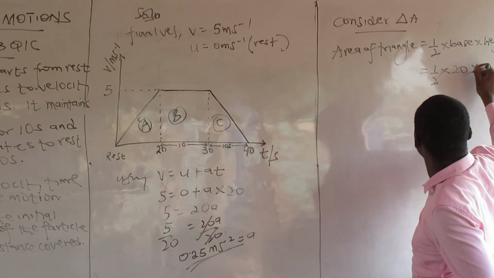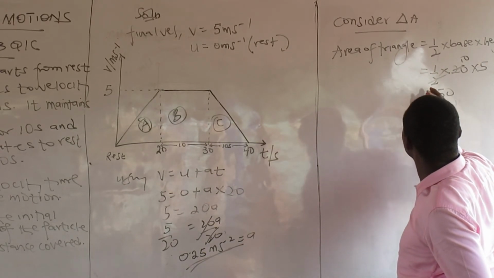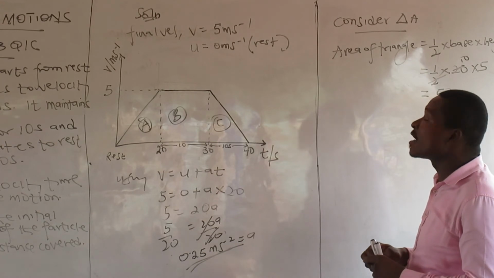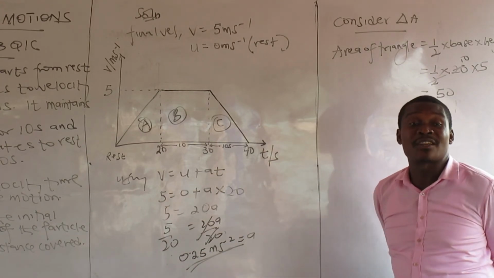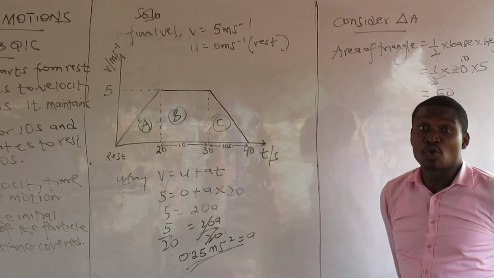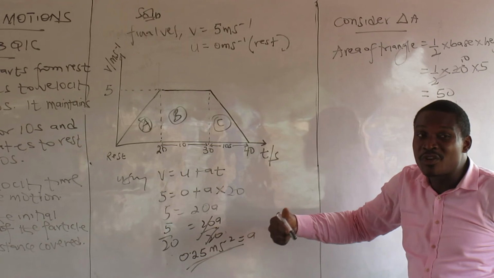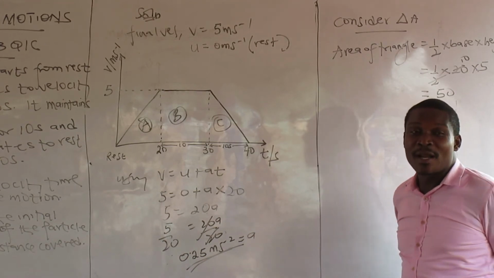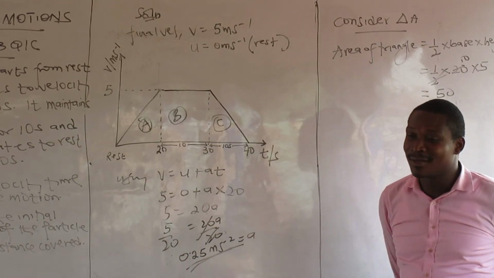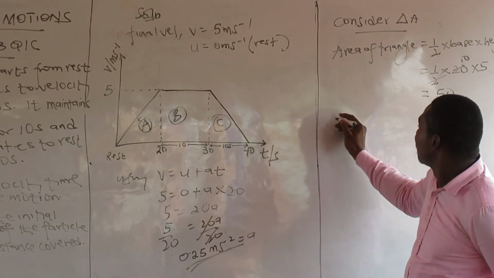That is 5. So this will give me 50. You see, area should be in square units, like millimeter square, right? But our distance is in meters. I don't want to commit myself by writing a unit. We are using the area approach to derive our distance. If not, I'll end up getting the distance in millimeter square. So spare me that.